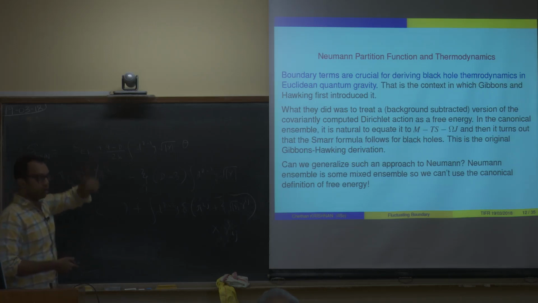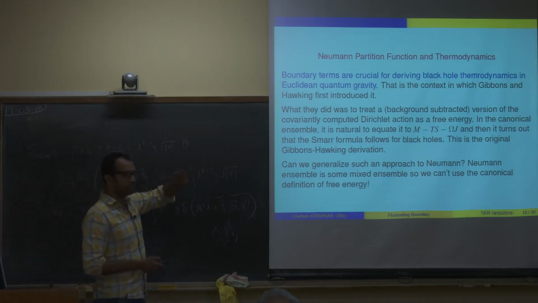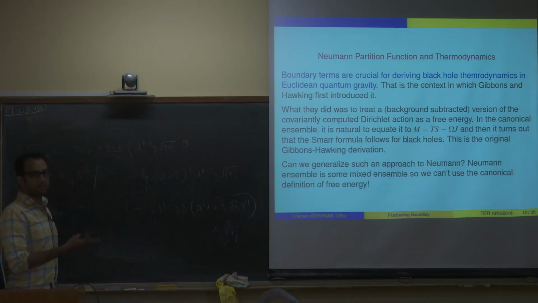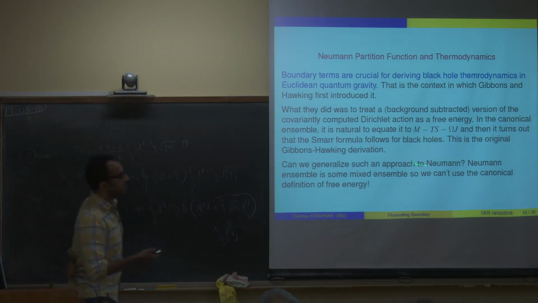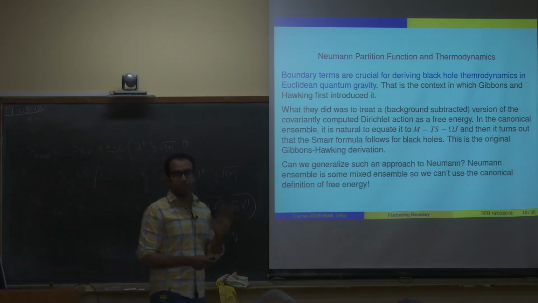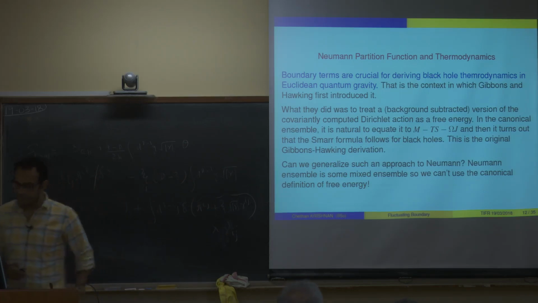You are forced to go away from the real metric, and then if you demand that the metric is regular, that's where the periodicity of the Euclidean circle comes up, and you get a specific statement about the temperature. This is the only point really where the quantum input is coming in. Apart from that, the entire equation, both the first law as well as this Smarr formula, is completely classical.